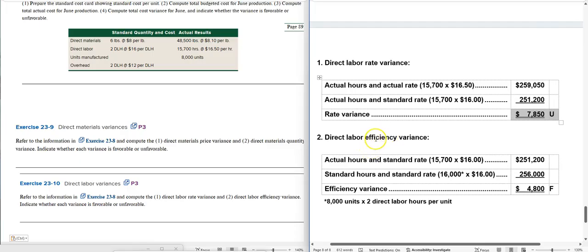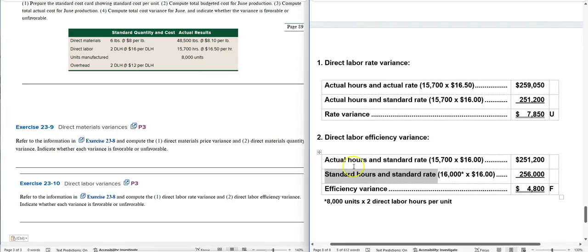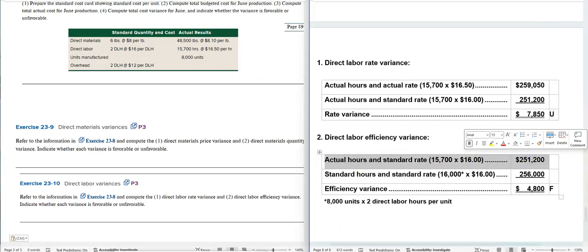Hours, or the efficiency: how many hours did we use? If I multiply my actual hours at the standard rate and compare it to the standard hours at the standard rate, how many hours should we have used to produce our units? Actual hours were 15,700 at the standard rate of $16 per hour.